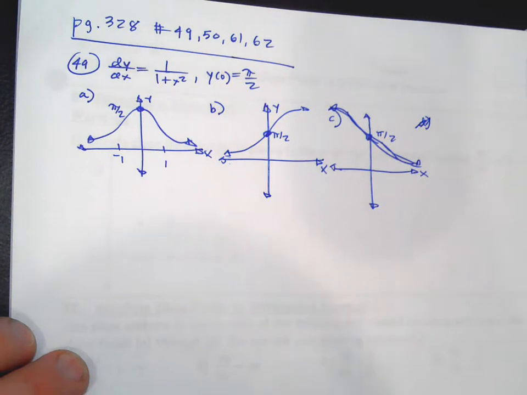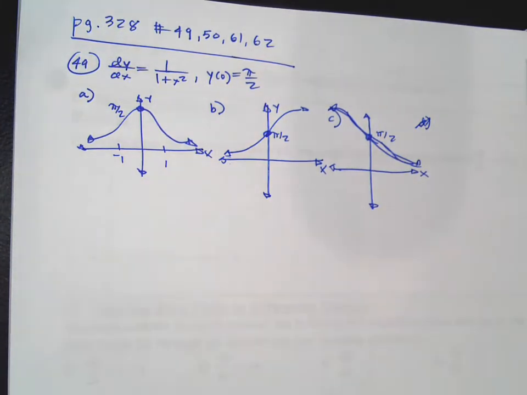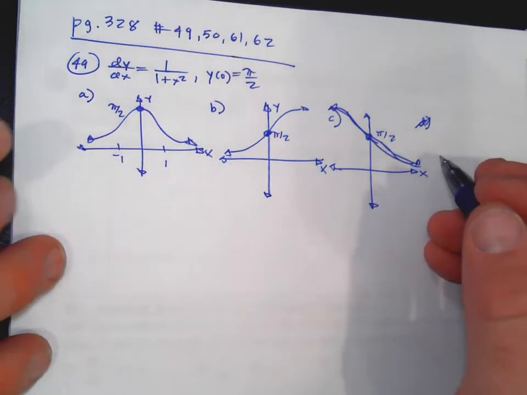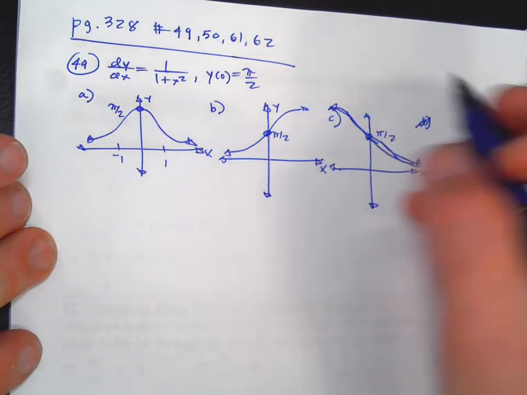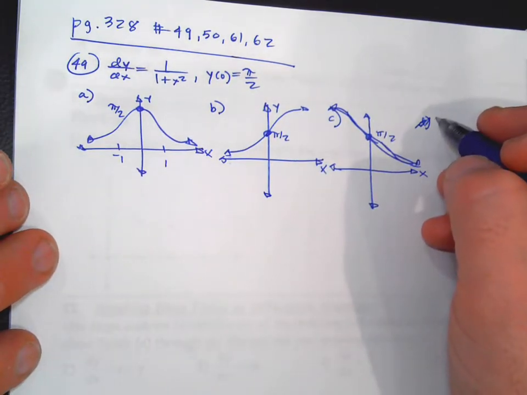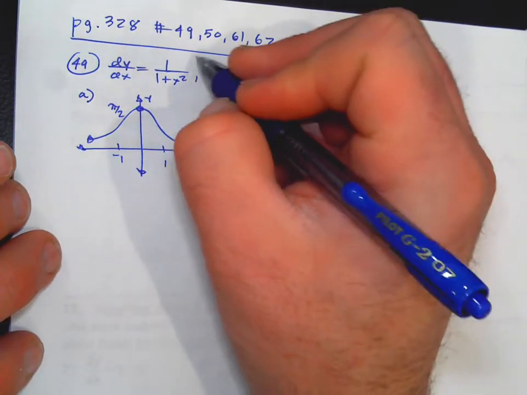So it says, explain how you eliminated two of the possibilities. So we're trying to determine which graph shows the solution of the initial value problem without actually solving the problem, which is good. That's less work. So what are some things to look for here? One of the things I've been telling you is to look for a zero slope, right?